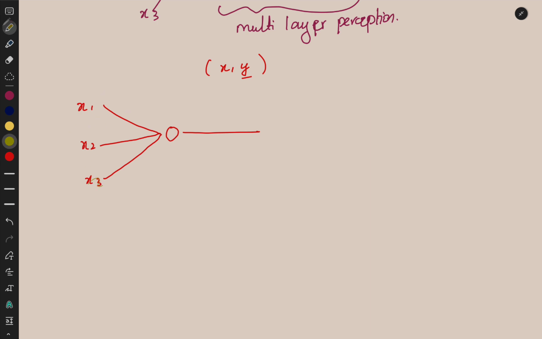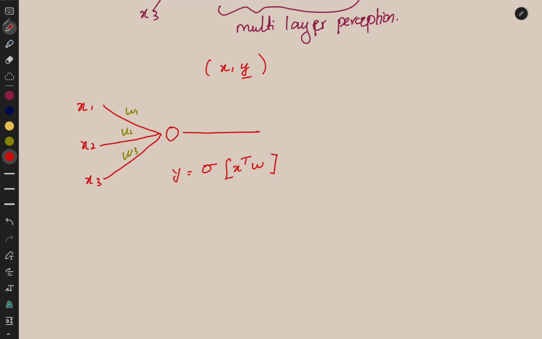Initially, we have the input data and the weights w1, w2, w3. We take X transpose W matrix and apply a sigmoid function. This is the Y value. Before that, there are multiple activation functions for neural networks.